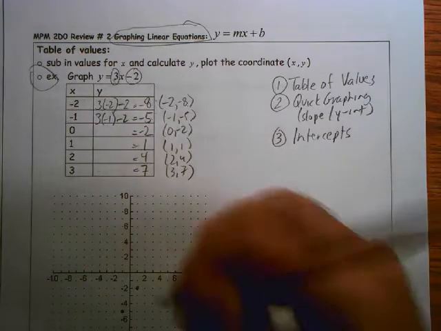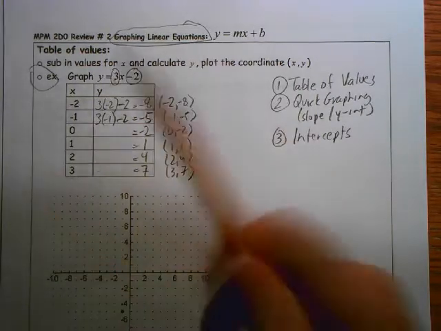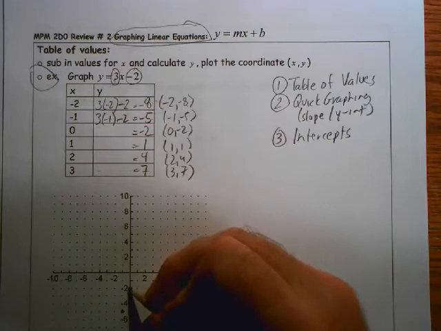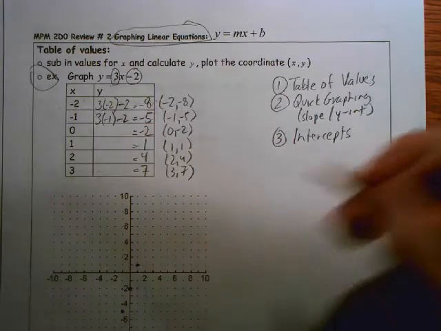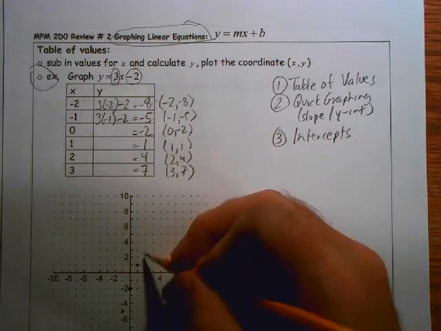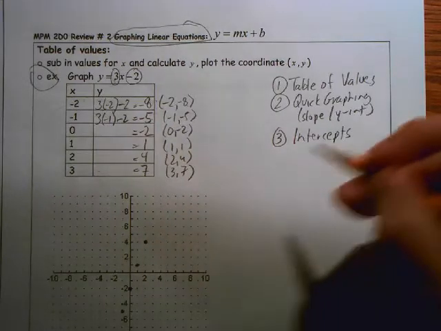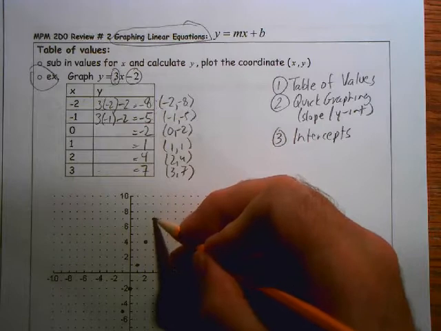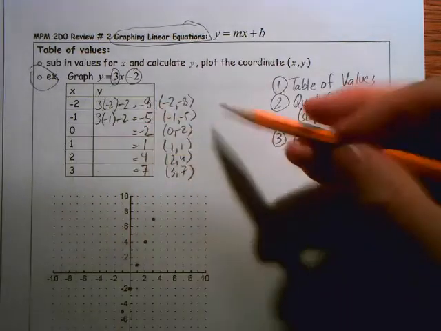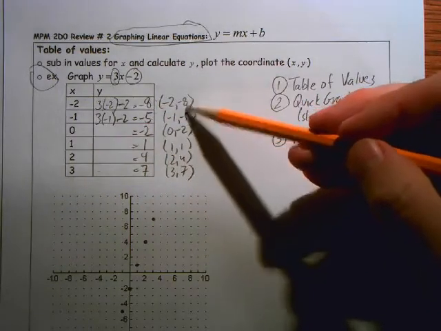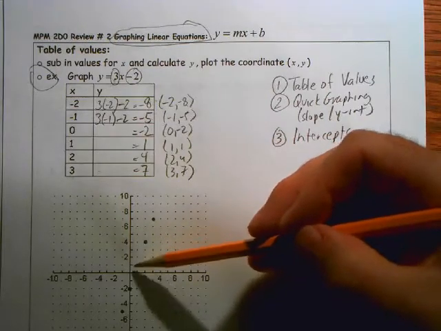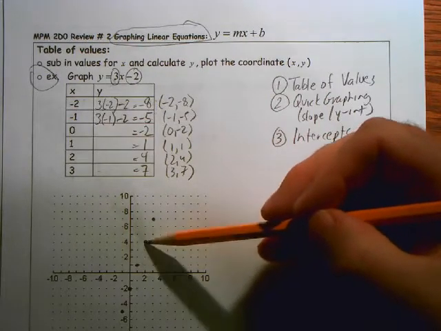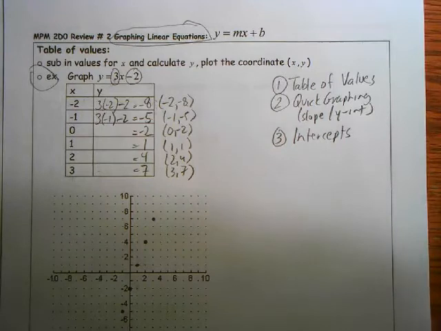Sorry, that should be 0, negative 2. Then 1, 1. 2, 4. 3, 7. And you can see, just like the coordinates here, you're going up by 3 every time you go right 1. And that defines the slope.